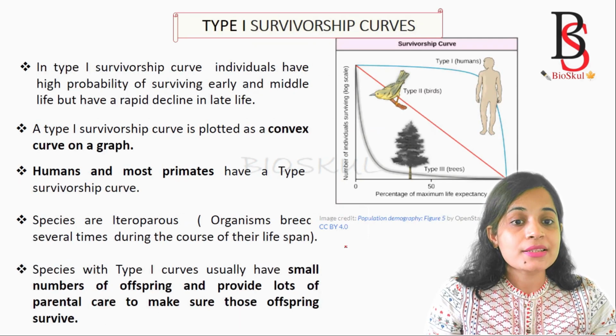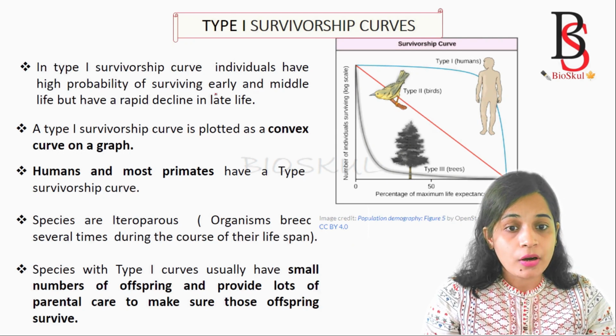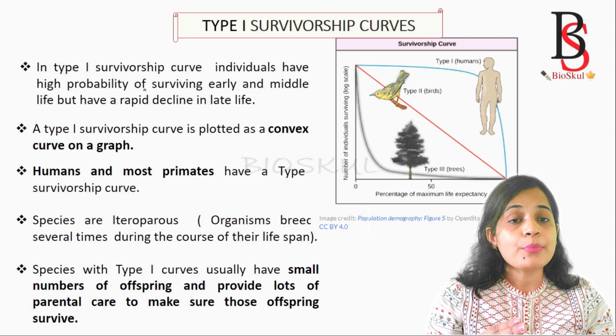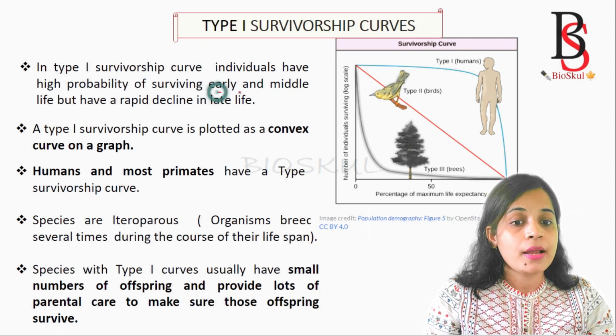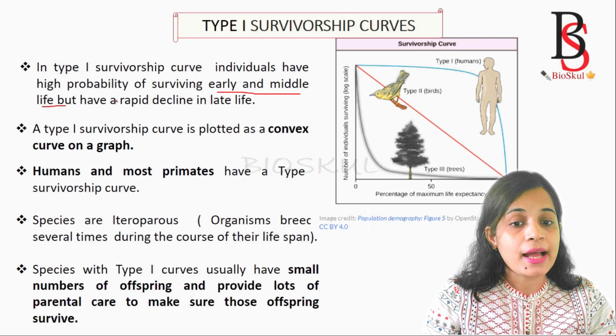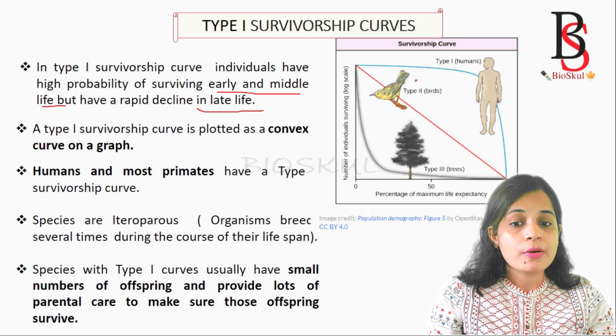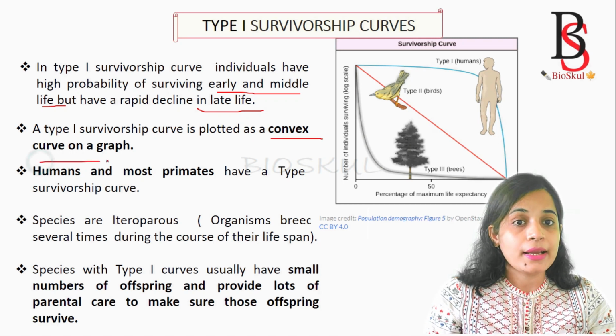The first one is type 1 survivorship curves. In this type of curve, individuals have high probability of surviving early and middle life but have rapid decline in late life, and it forms a convex curve on a graph.